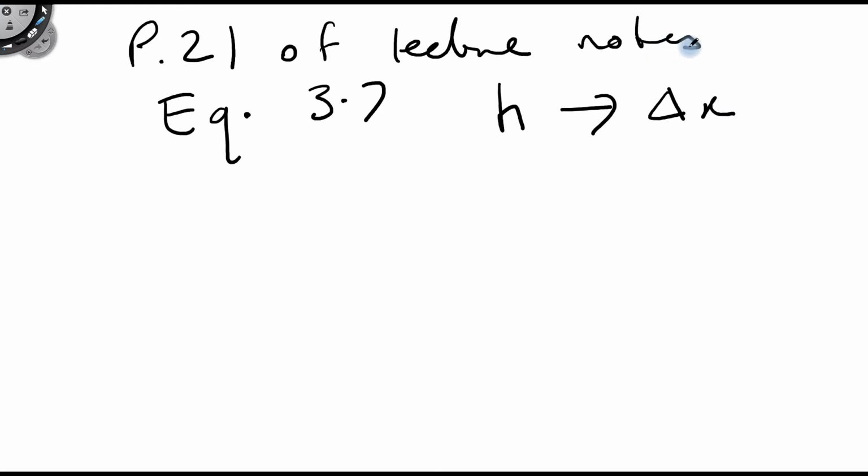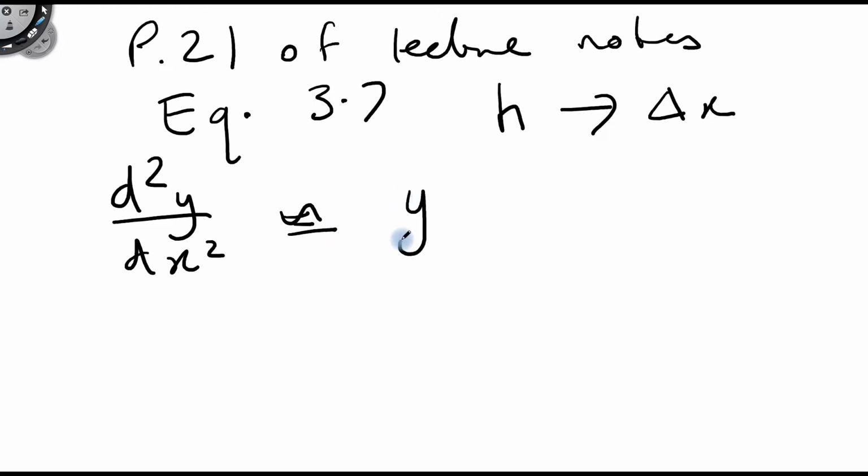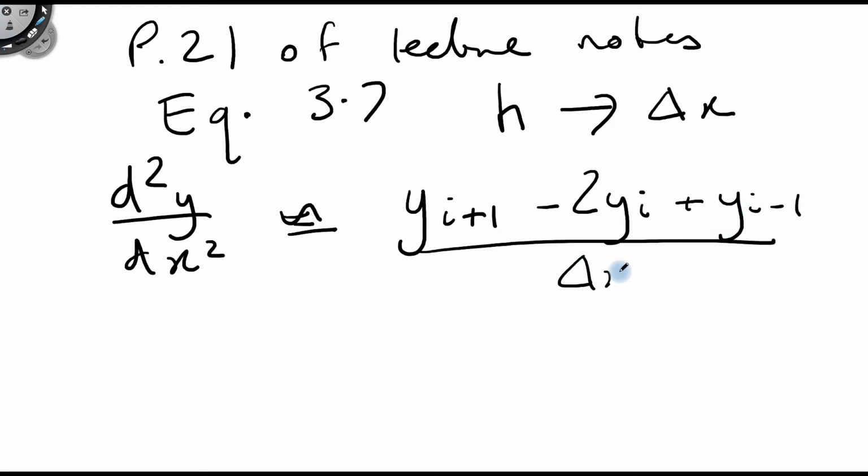So therefore we get d2y by dx squared is approximately equal to this equation, which is y of i plus 1 minus 2y of i plus y of i minus 1, over delta x squared.